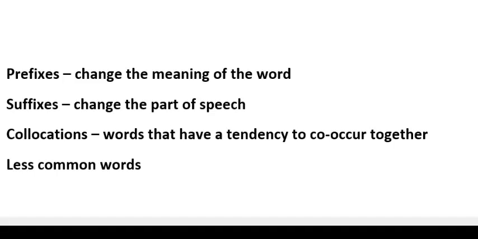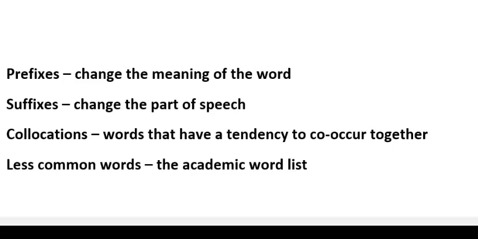Some of the common strategies are using prefixes, which change the meaning of the word, using suffixes, which change the part of speech, using collocations, and I said before they are words that have a tendency to co-occur together, and just using less common words. And these may come, for example, from the academic word list. Particularly if you're doing academic IELTS, it's a good idea to start learning the words from this word list.